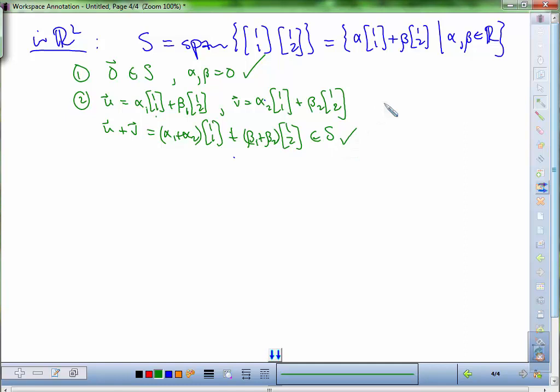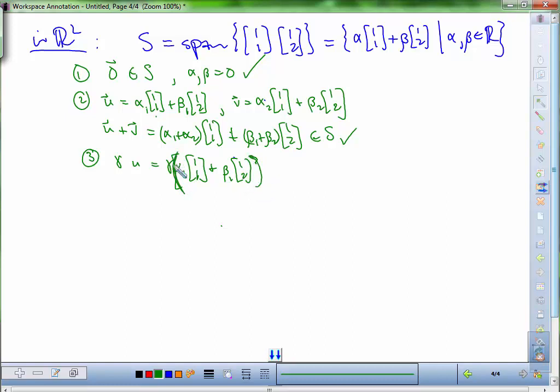And the same goes for a scalar multiple. So I used alpha and beta, so I'll use another scalar. I need another Greek letter. Let's use gamma times U. So this is gamma times (alpha 1 times (1, 1) plus beta 1 times (1, 2)).